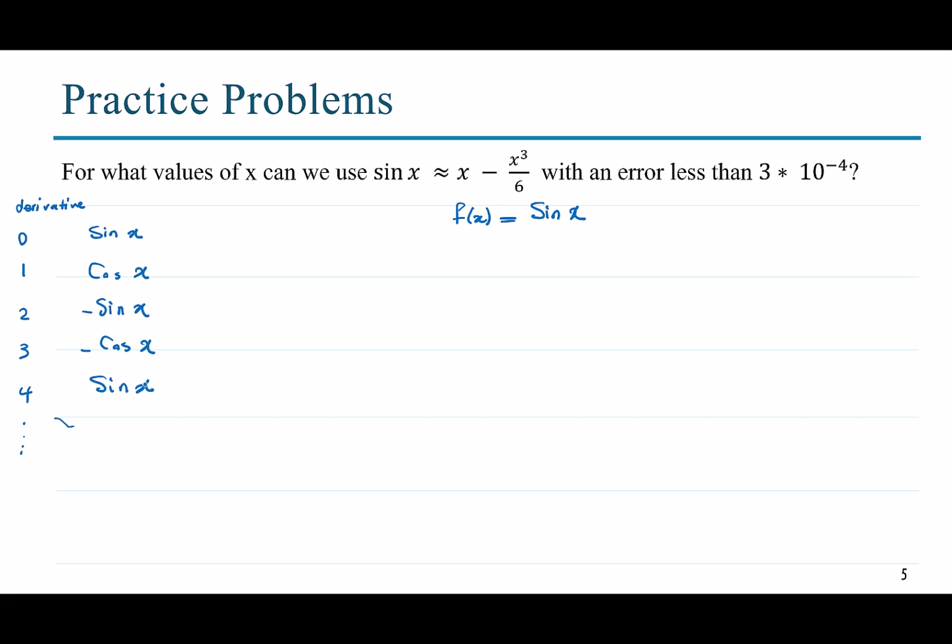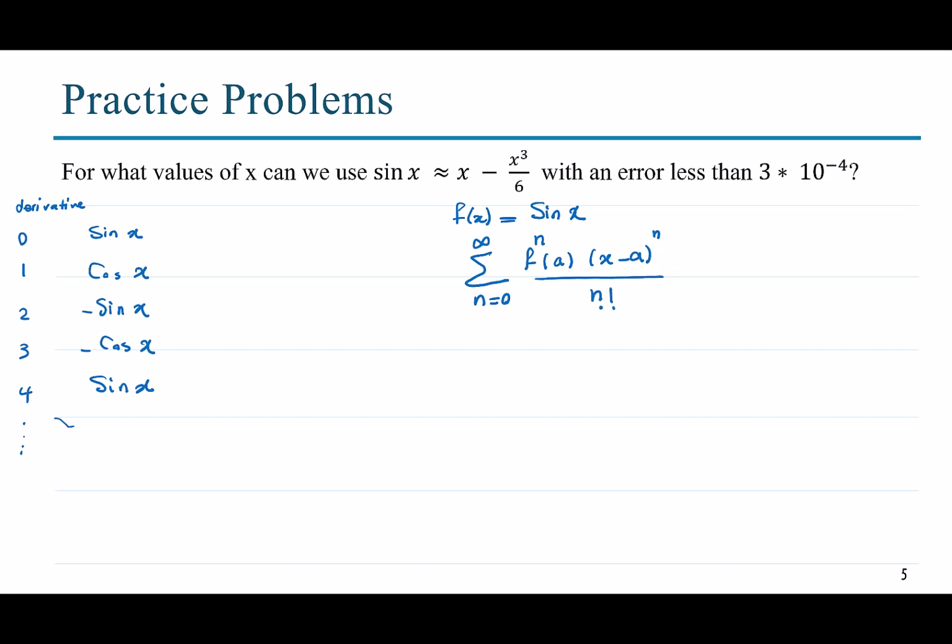sine. And now, remember, when we were trying to find the Taylor series, this is the formula for Taylor series that we used, n equals 0 to infinity. Then we had the derivative of that function at point a times x minus a to the power of n divided by n factorial.